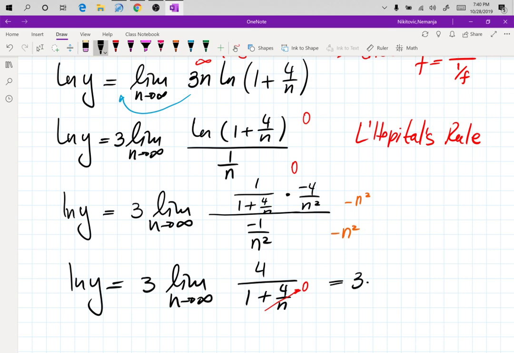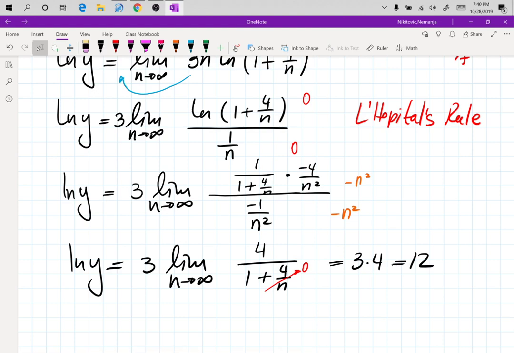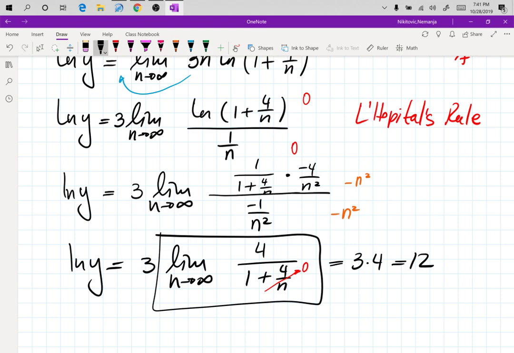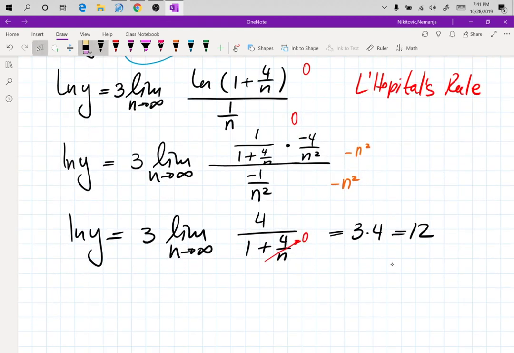Oh, sorry, 3 times 4, which is 12. The limit is 4, and then you have times 3. So now we have ln y is equal to 12.